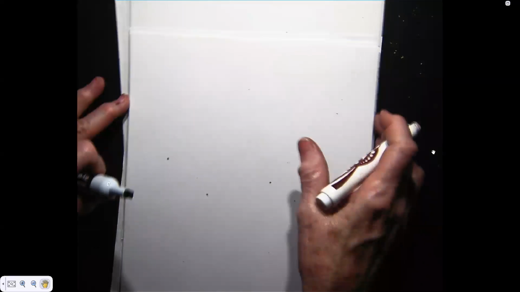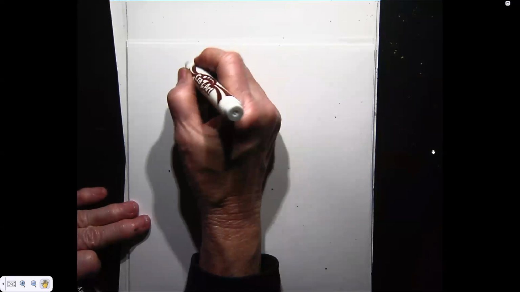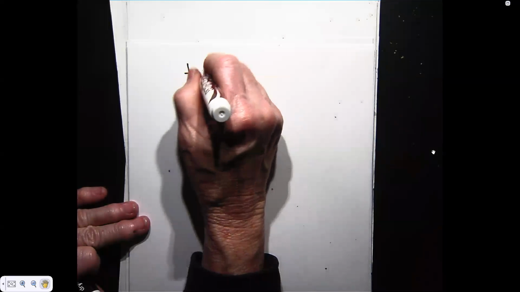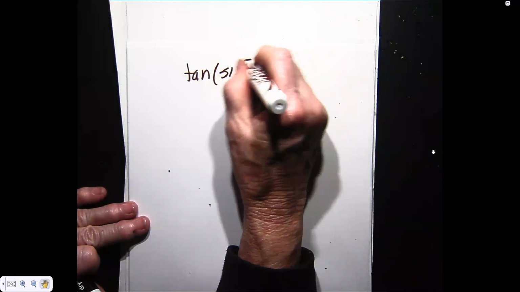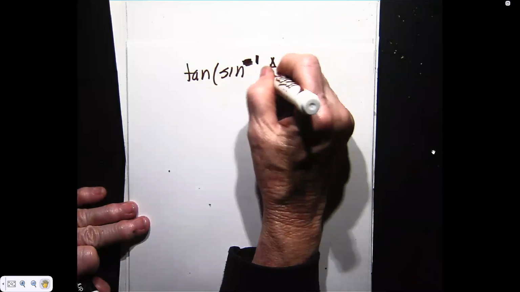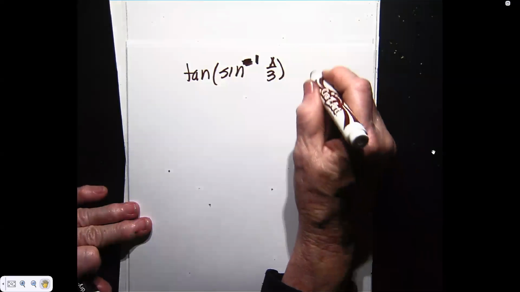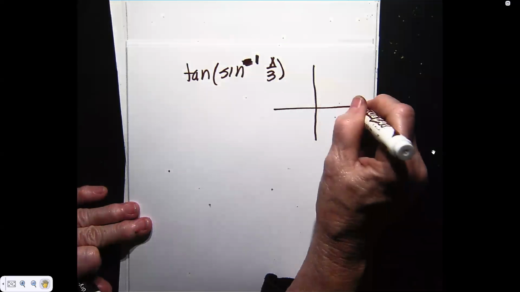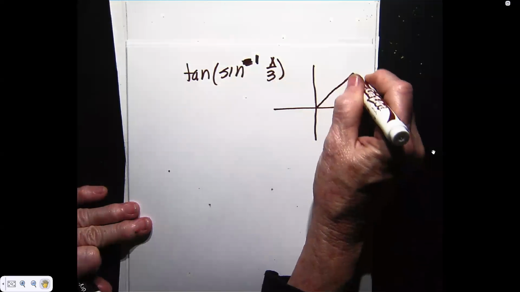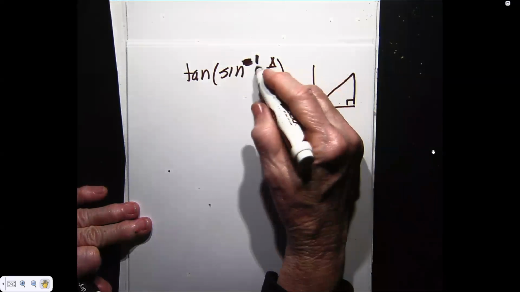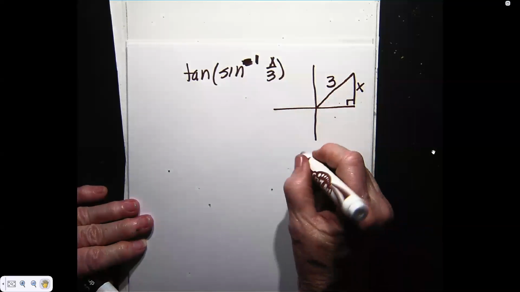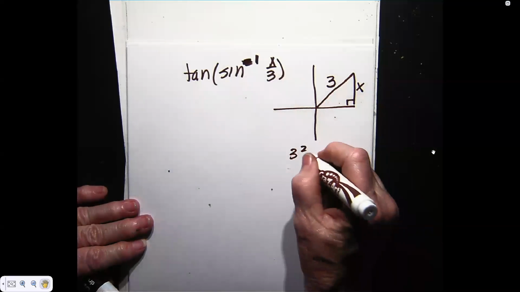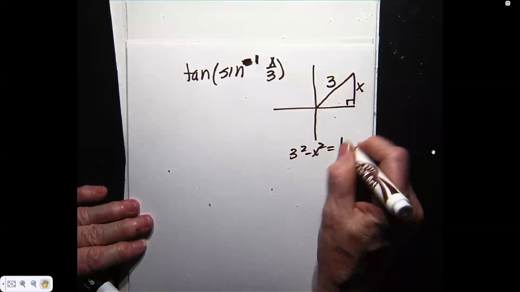I don't always have to have numbers. I can have variables, which makes this an algebraic expression. So if I said I wanted the tangent of the sine inverse of x over 3, still drawing a triangle. This is positive in quadrant 1. Sine is opposite over hypotenuse, so 3 squared minus x squared equals b squared.